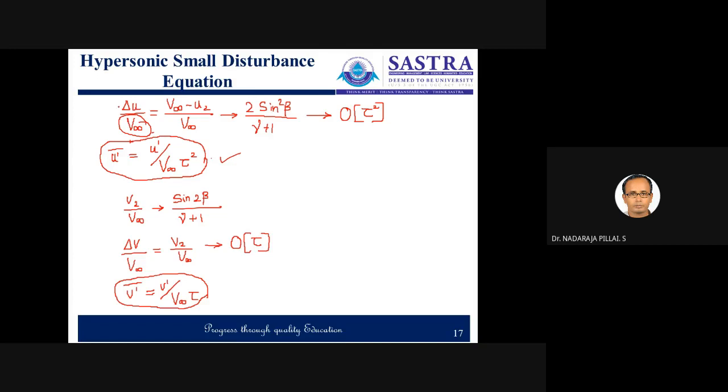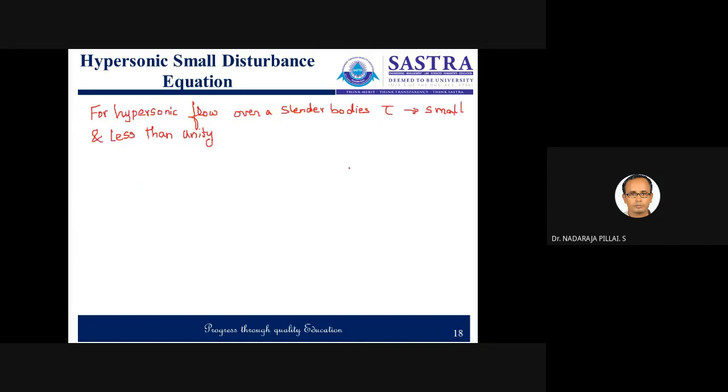You see here del u is proportional to tau square, but del v is proportional to tau. And I said tau is small and it is less than unity.